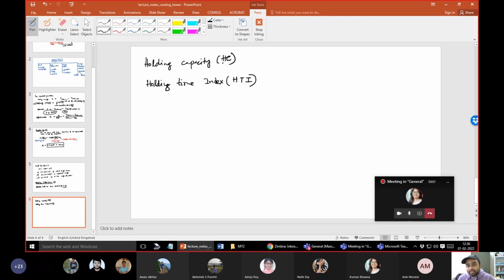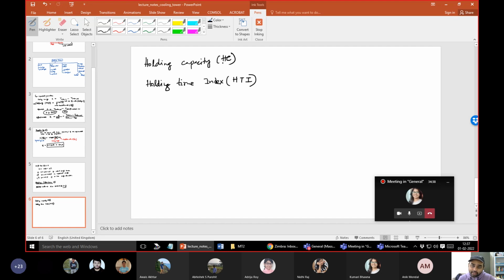This holding time index is essentially a value that tells you the time needed to reduce the concentration of the dissolved solids to half of its original concentration, estimated on the idea that the rate of decrease of concentration at any point of time is proportional to its concentration.